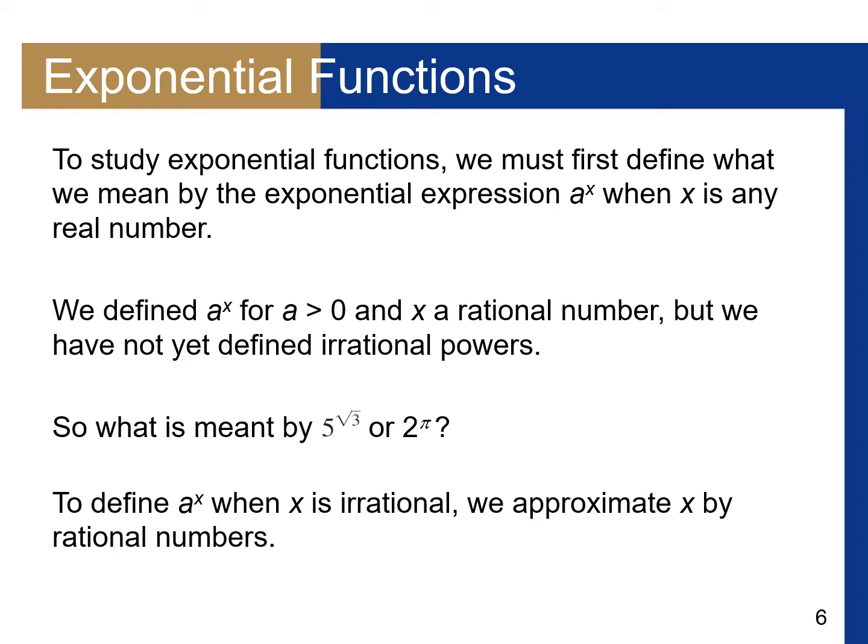And we have to define first what we mean by this expression, a to the x, when x is any real number. So we're going to define a to the x when a is bigger than 0, so it's positive, and x is a rational number.